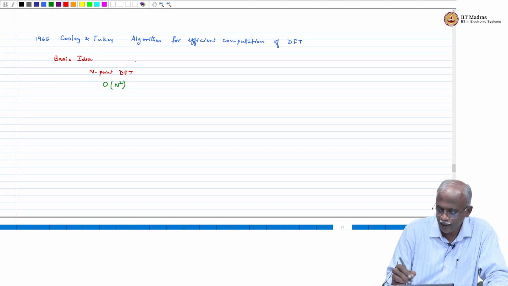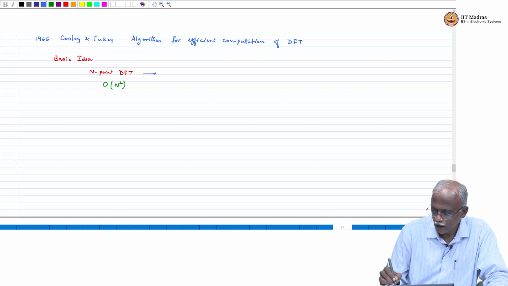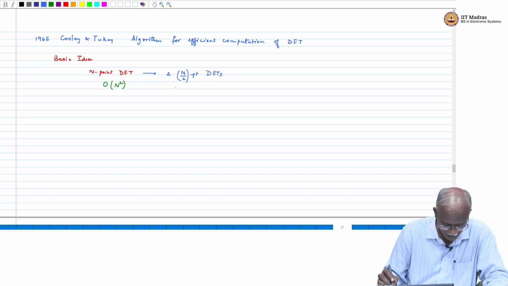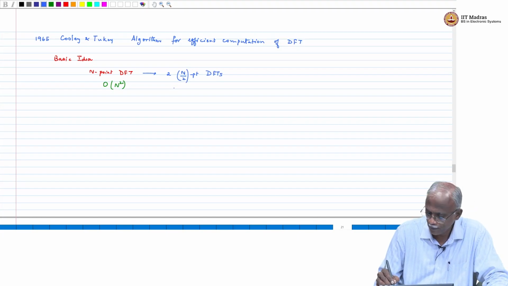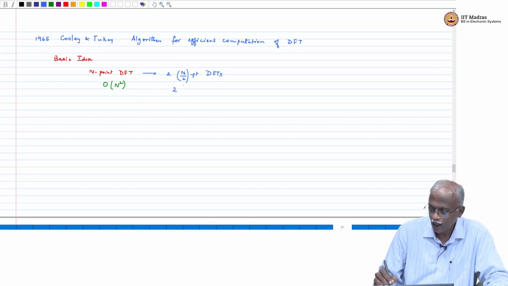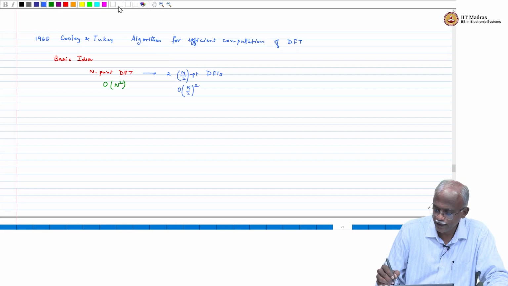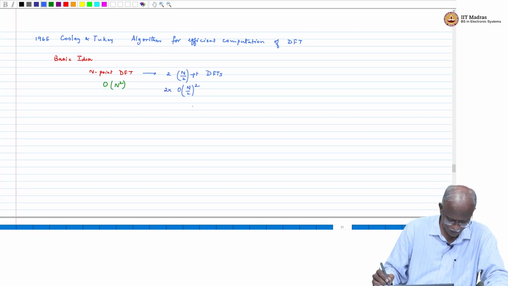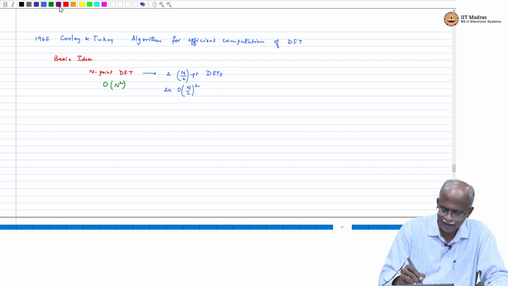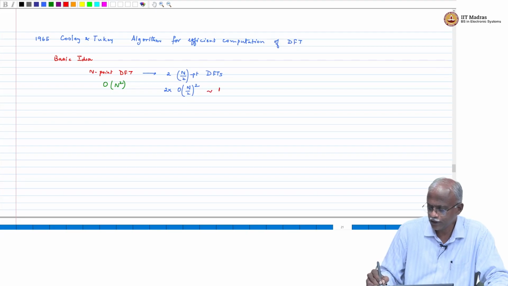Can it be done as two n by 2 point DFTs? Is it possible? They showed that it is actually possible, and what we get here will be 2 times order of n by 2 squared. So you can say that this is of the order of n squared by 2.